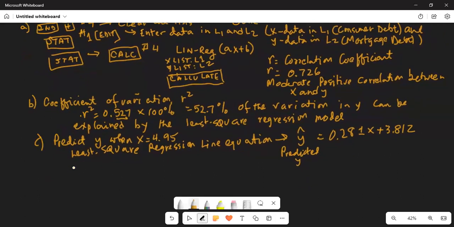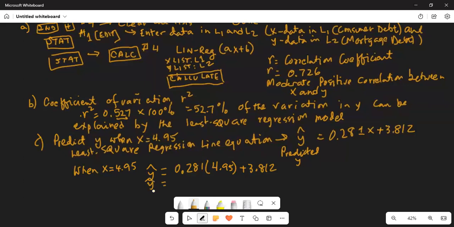So when x is equal to 4.95, y predicted is 0.281 times 4.95 plus 3.812, and that is equal to y hat.